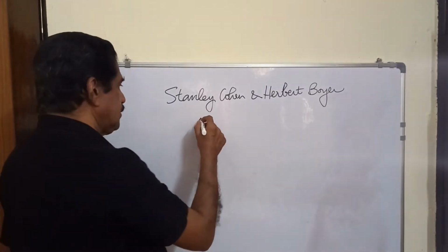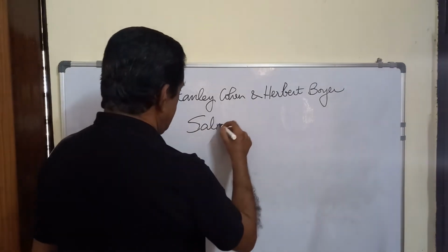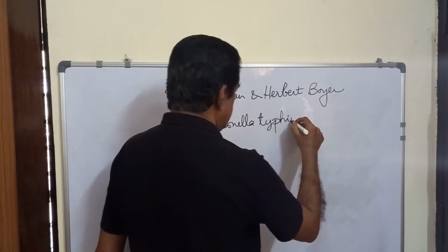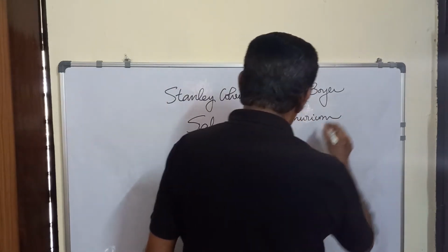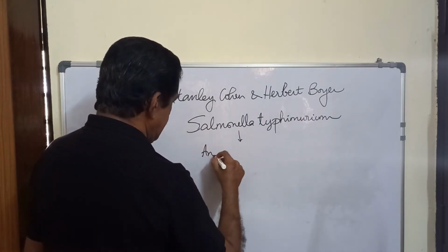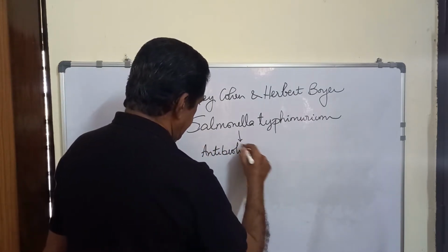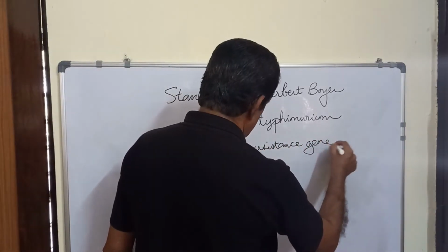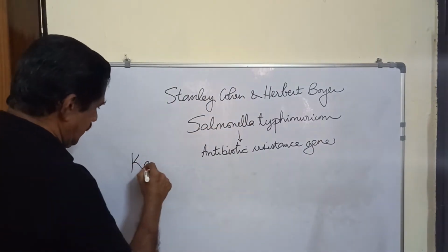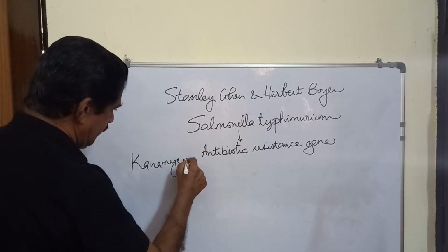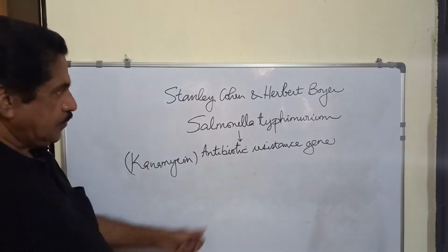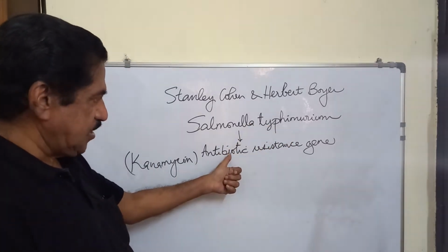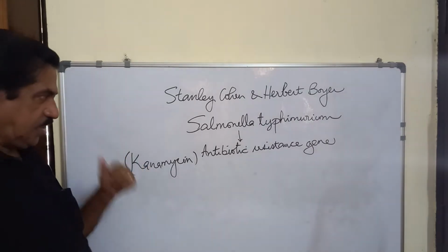What they did was, from Salmonella typhimurium, they isolated an antibiotic resistant gene. The antibiotic was kanamycin. From the bacterium Salmonella typhimurium, they isolated an antibiotic resistance gene, or we can say kanamycin resistance gene.